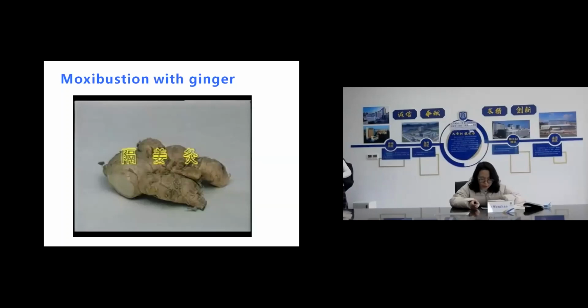Sometimes we use the moxa cone on a slice of ginger. We cut the ginger into small slices, then put the moxa cone on the ginger.